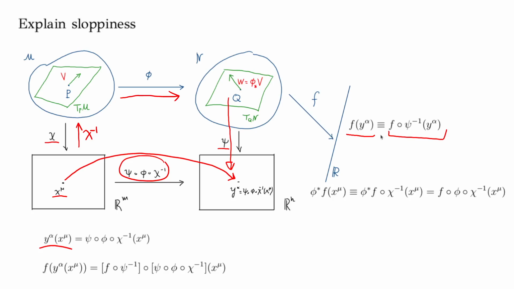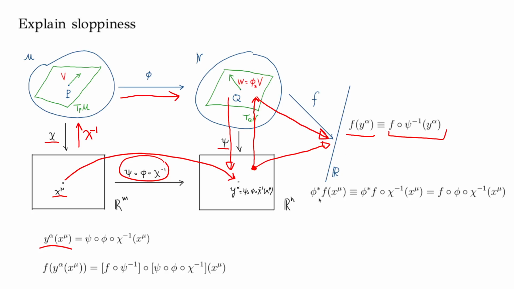This function uses the inverse psi to go from the coordinates of the point Q up to the point Q, and then f to go to f of Q. So we now have a map that takes us directly from the coordinates y alpha to the real number f of Q, and we will call this f of y alpha.